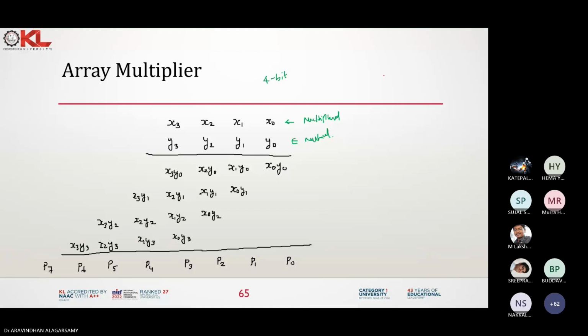Sir, I have a doubt. Yeah, please. In an array multiplier, is there any use of shift registers? What is the use of shift registers in an array multiplier, ma? The main function of shift registers is shifting the data from left to right or right to left. Their main purpose is to store one bit of data and shift the data in either direction.